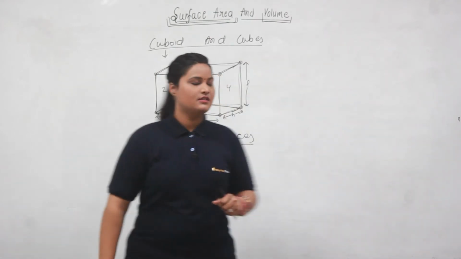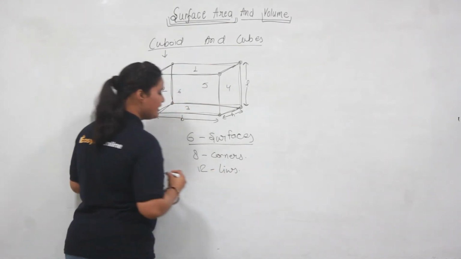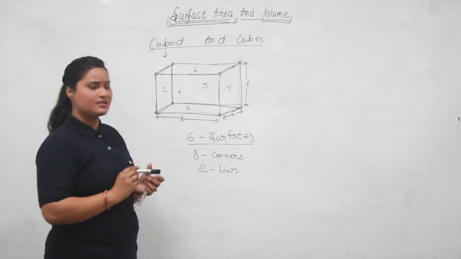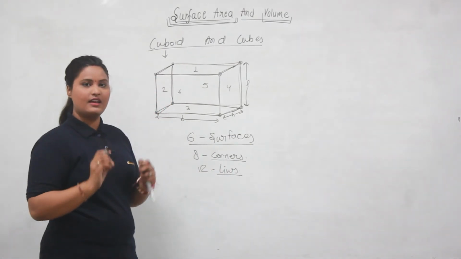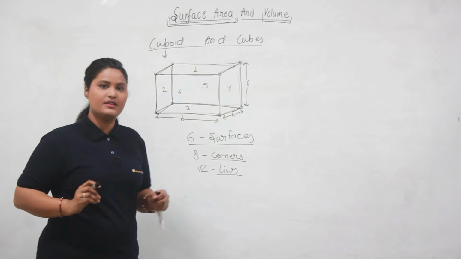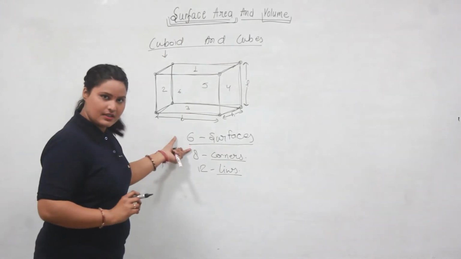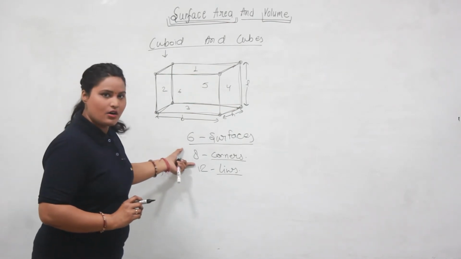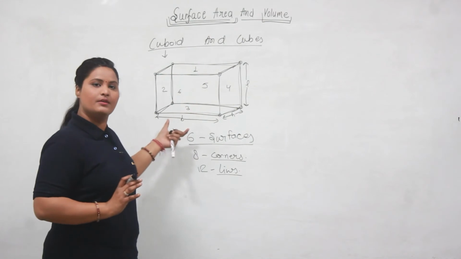There are 12 lines. I'm telling you everything in lame language just to let you understand. The language is not important, the concept is important. If you understand that there are 6 surfaces, 8 corners and 12 lines, you can easily understand the figure.